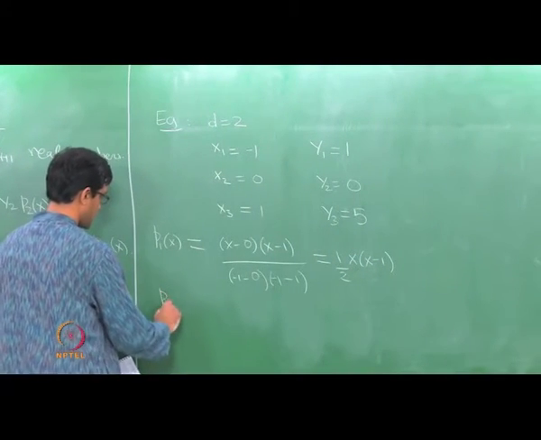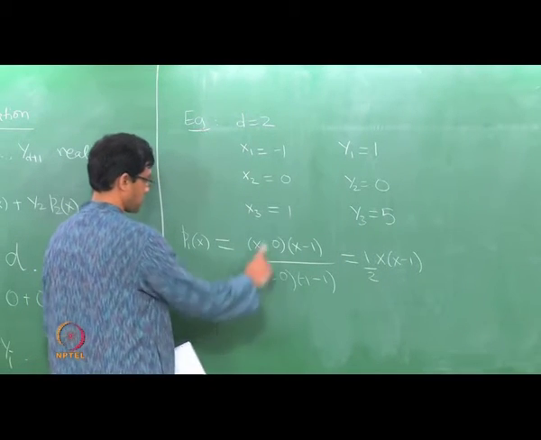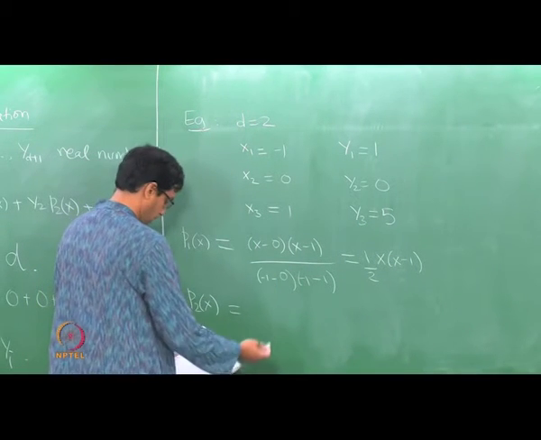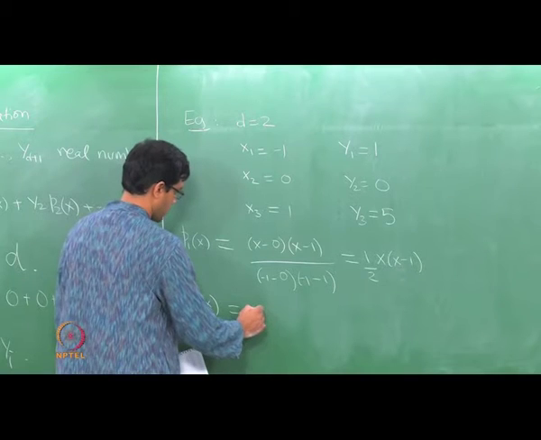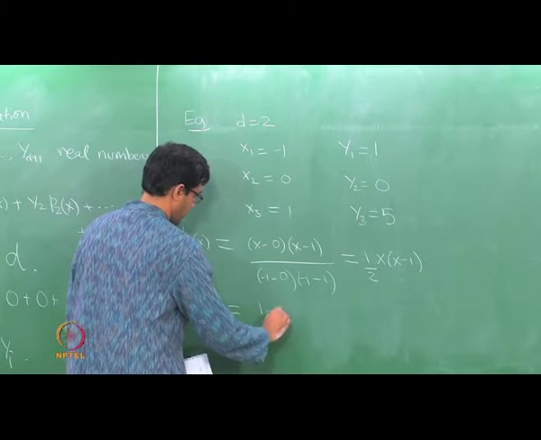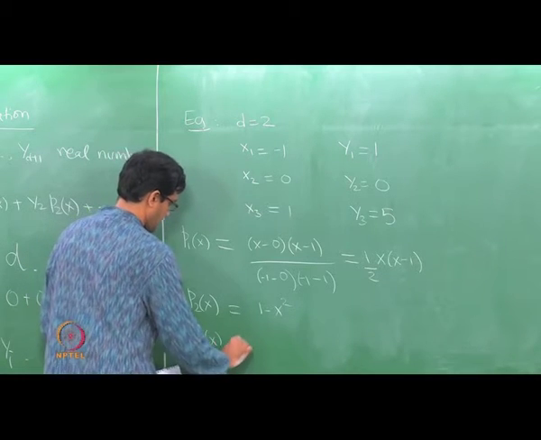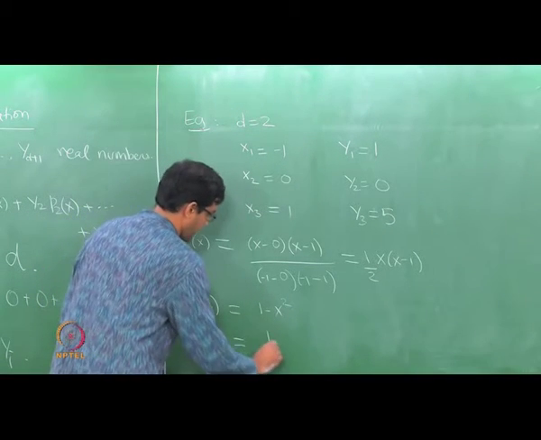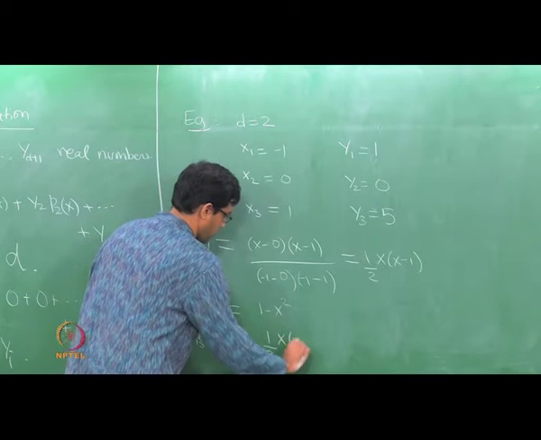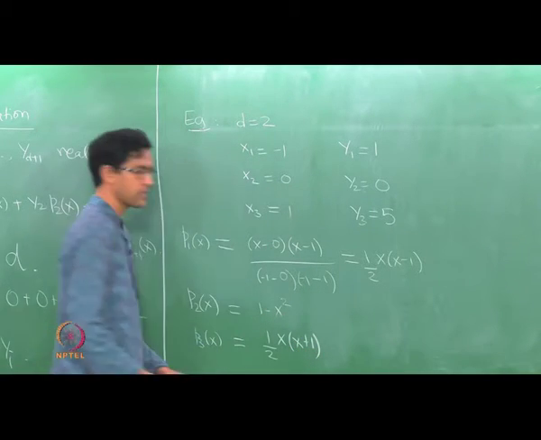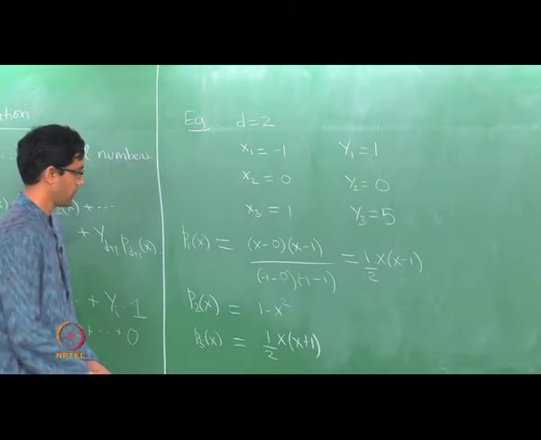Similarly p2 of x, you do the same thing again. Let me just write down the answer. It is 1 minus x squared. p3 of x, similarly, turns out to be half x into x plus 1. Okay, in order to do this, all I have done is just plug into my formula right there.